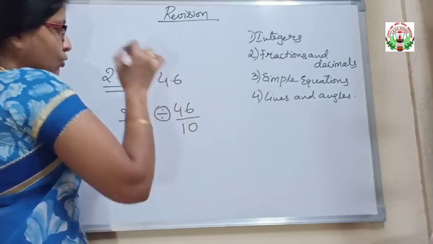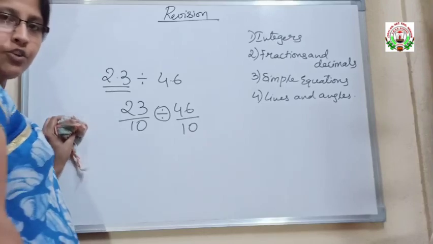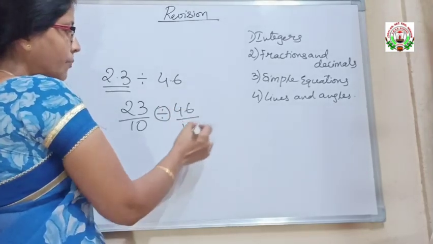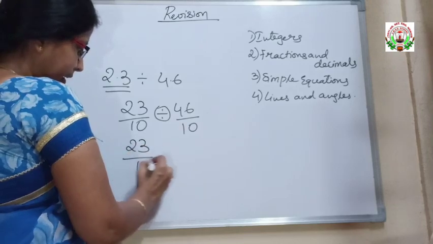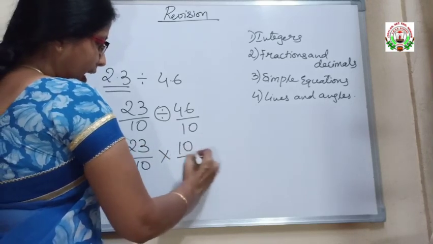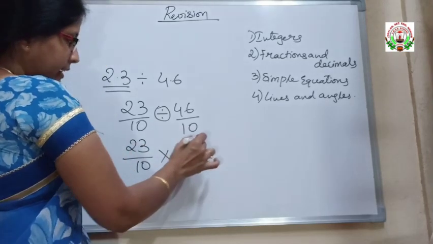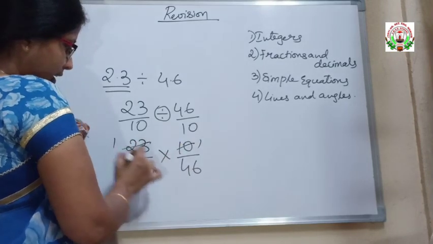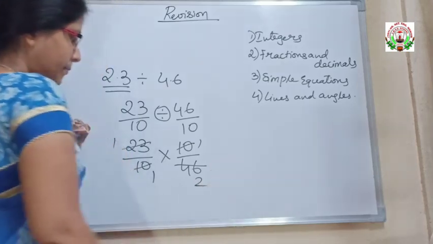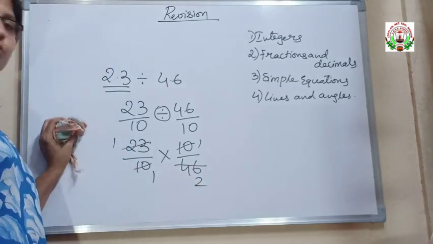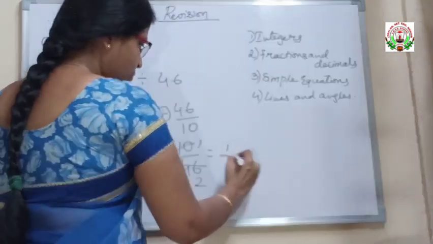Now I told you, for changing this division sign into a multiplication sign, you have to write the reciprocal of this fraction. So this will be 23 by 10 into 10 by 46. See, 10 ones are 10, ones are 23, 23 twos are 46. So the answer is 1 by 2.